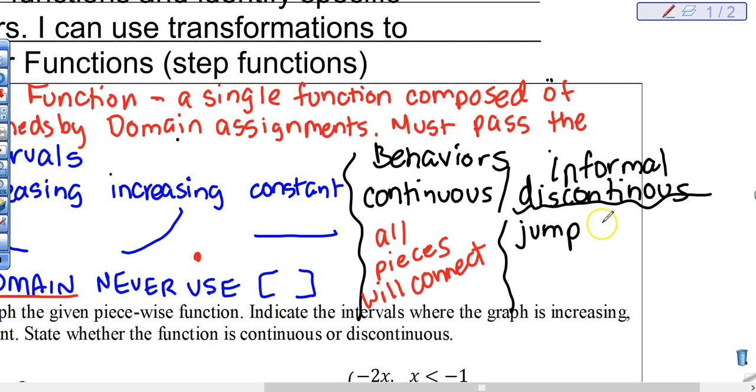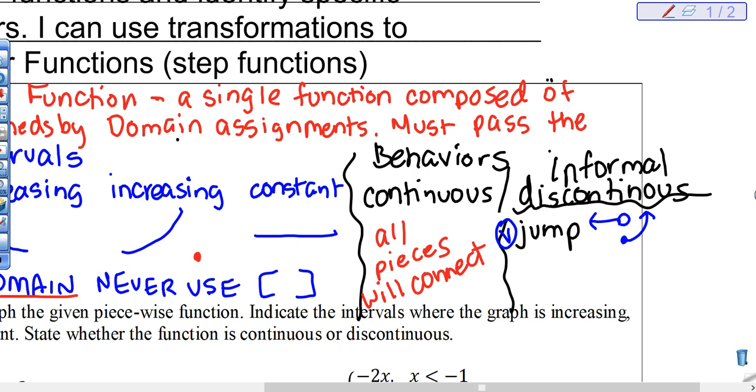So like, for example, you might have something going like that, and then something going like that. And there's a gap in the graph. Do you see it? But it's a vertical gap in the graph. So you're either jumping down or you have to jump up to get from one piece to the next. So we call this, it's vertical. Okay? If it's a vertical gap, we'll call it a jump.